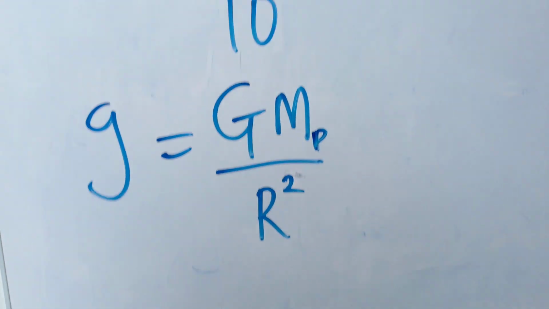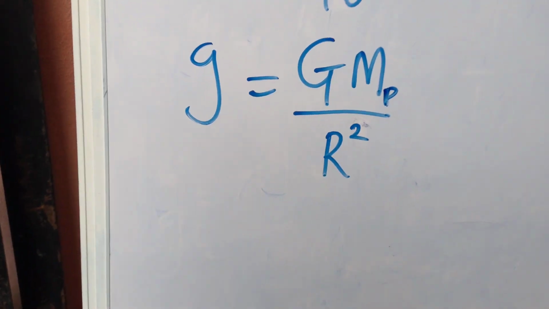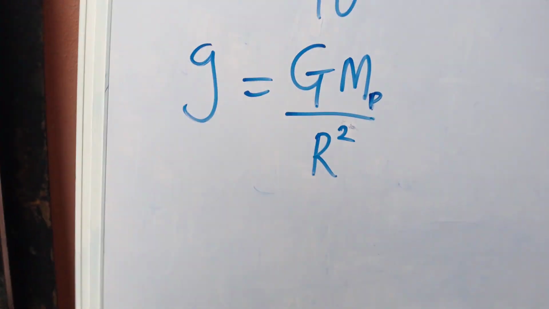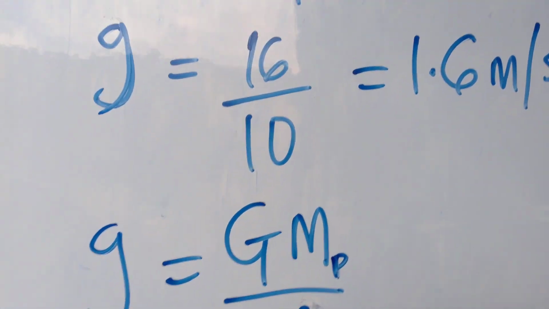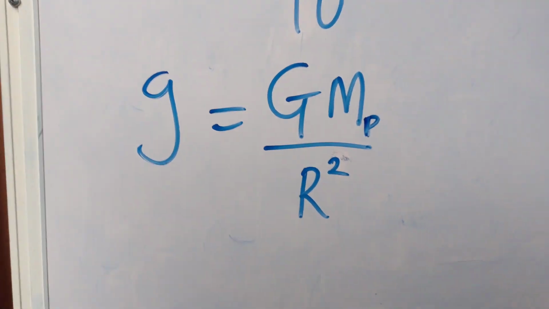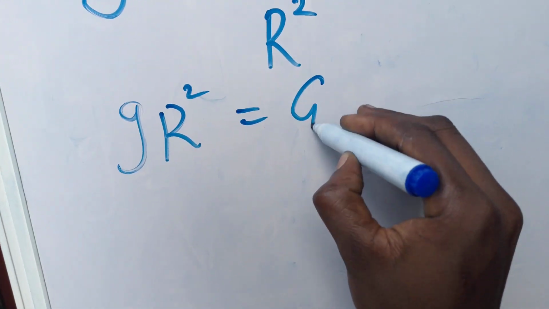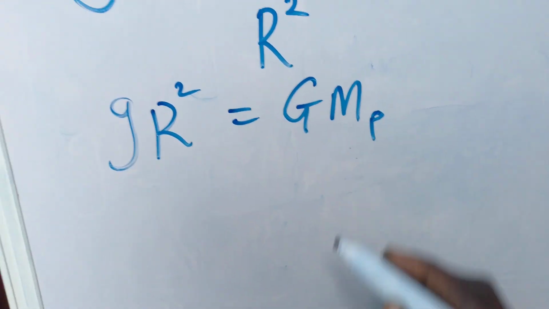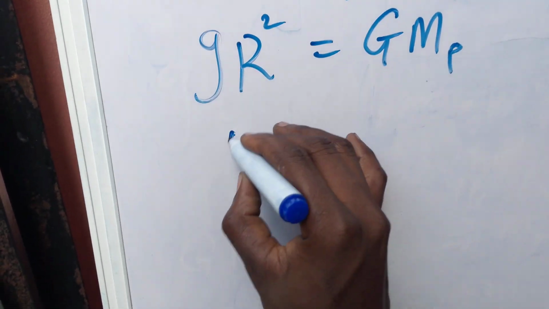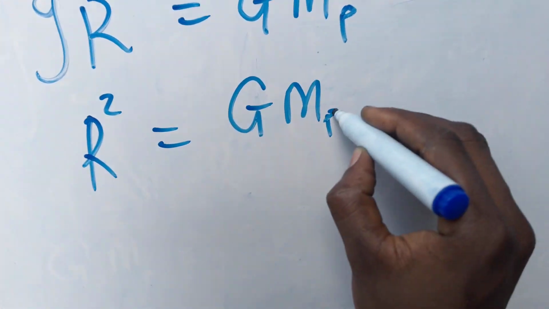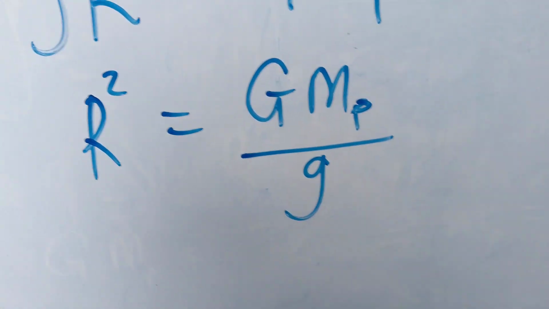We call this m_p, the mass of the planet, which is given to us. Make r the subject of the formula. If I cross multiply, I'll have g r square equals G m_p, so r square will be equal to G m_p divided by small g.